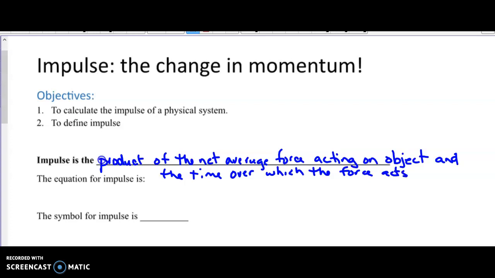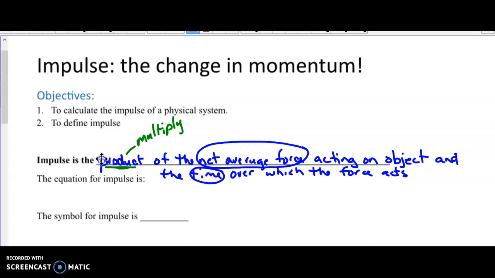So we're talking about this force that's acting on the object and the time, okay? And we said it's the product. So product is when you multiply. So our equation is this.